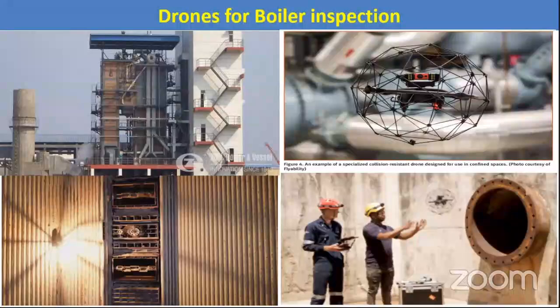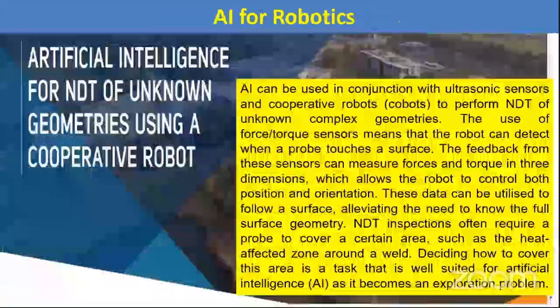Excellent drones have been designed for safety, and you could at least do a good first screening of the entire boiler from inside, and then set up scaffolding only in those areas where you want to do more specific measurements like ultrasonic wall thickness or anything else, rather than trying to set up scaffolding because you don't know where the damage is. So it is an excellent screening mechanism with high resolution RGB cameras or IR cameras and stuff like that.